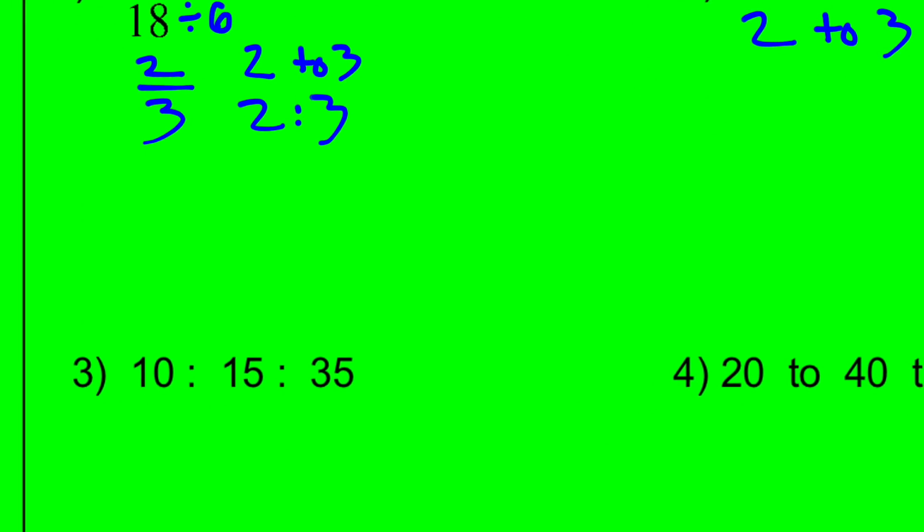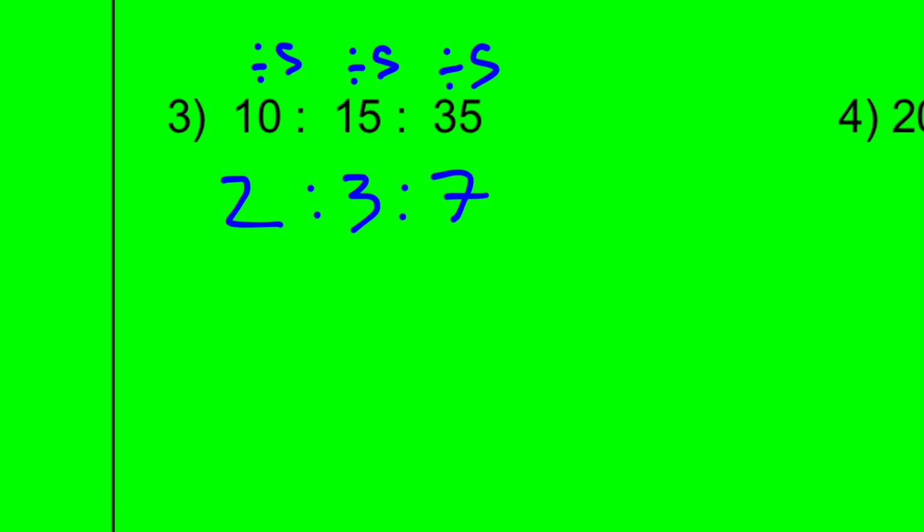And it works for 3-term ratios as well. But you have to find the greatest common factor of all 3 terms of the ratio. In this case, 10 to 15 to 35, the greatest common factor is 5. So we could divide all 3 parts by 5, and we would get 2 to 3 to 7.